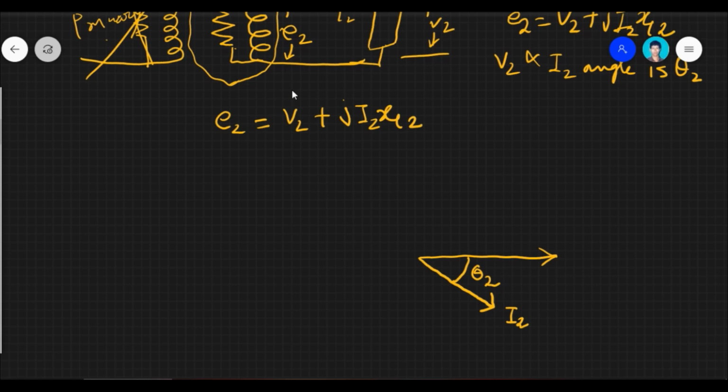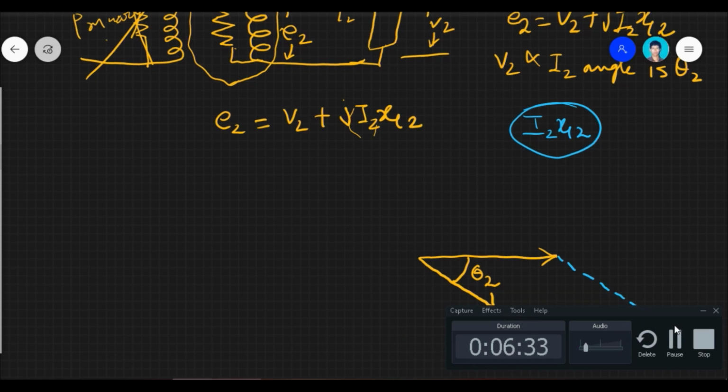Here I would like to mention that I have often noticed that students get confused about how to draw or realize this phasor addition. Here, if you discard this j, I2XL2 has an orientation parallel to your I2 line, like this.